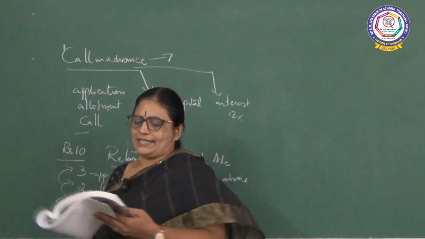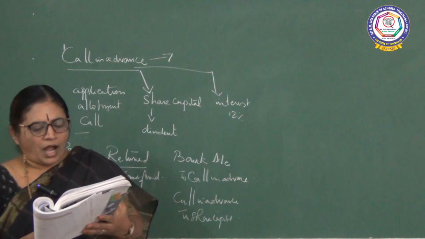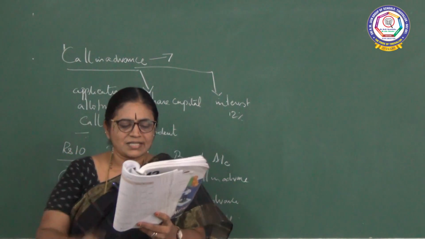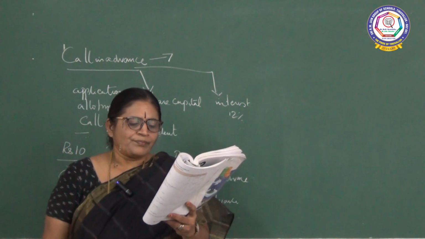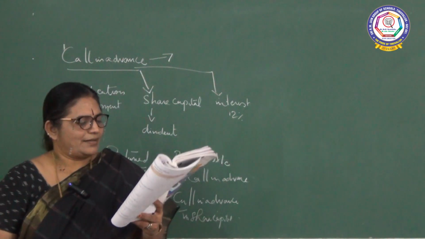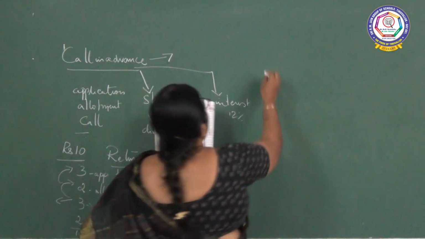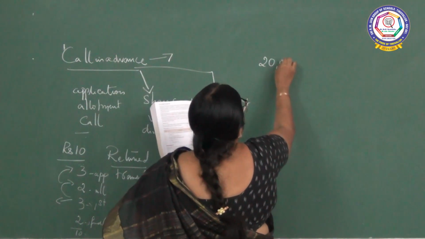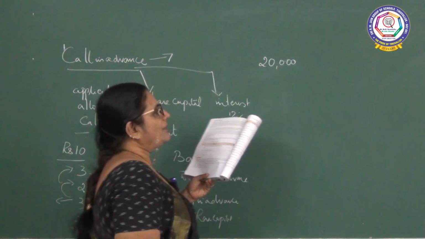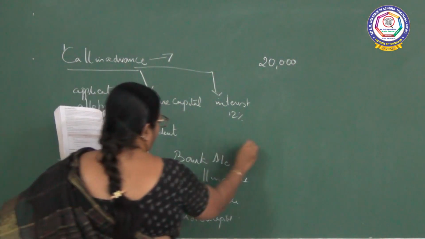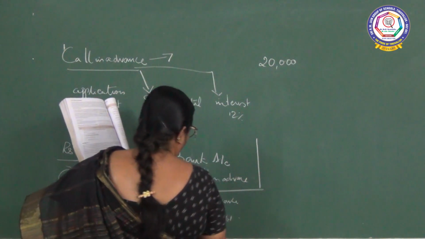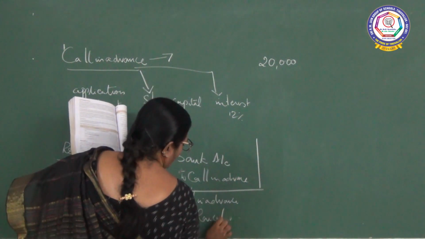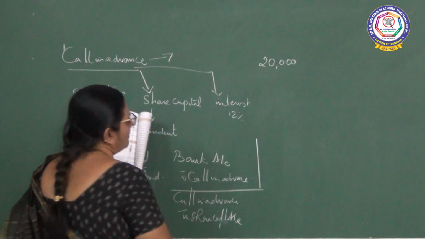Now I'll get into the problem. I'll teach you illustration 6. I'll read the problem for you. Aruna Mills Limited, with a registered capital of 5 lakhs in equity shares of rupees 10, issued 20,000 shares. Whatever is required for the problem alone, I will mention here. I told you bank account debit to call in advance, call in advance account debit to share call account, not capital account.